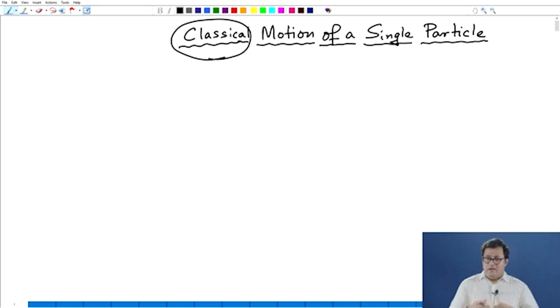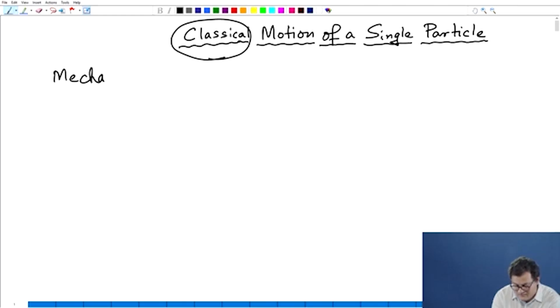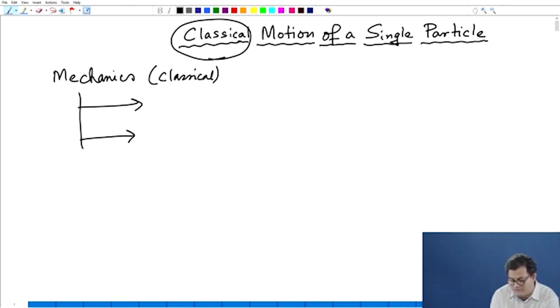Now, in mechanics, which is the study of motion, we have two parts. Classical, of course, because it consists of classical motions, or the motions which we can imagine. So in mechanics we have two things: one is kinematics, another is dynamics.